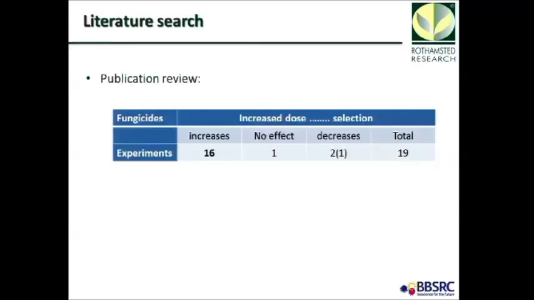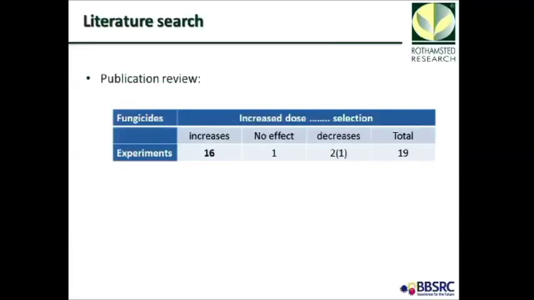And in fungicides, they found a total of 19 papers which had addressed this explicitly by tracking the selection over time of a particular fungus, particular resistance allele, and seeing if increasing the dose has no effect on or decreases selection. And in the majority of cases they found, increasing the dose increases the selection for resistance.